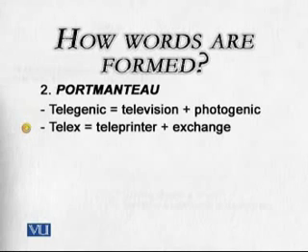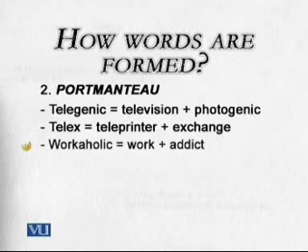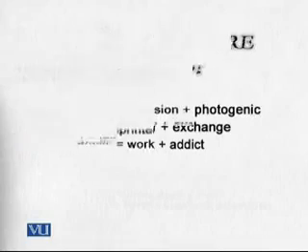And the last portmanteau word, workaholic. Workaholic means, of course, the one who is very, very hard working. Now, this word is from the combination of work and addict, that you are addicted to work. You rather get tired when you sit idle. Once you are busy doing things, you never feel that you are tired.